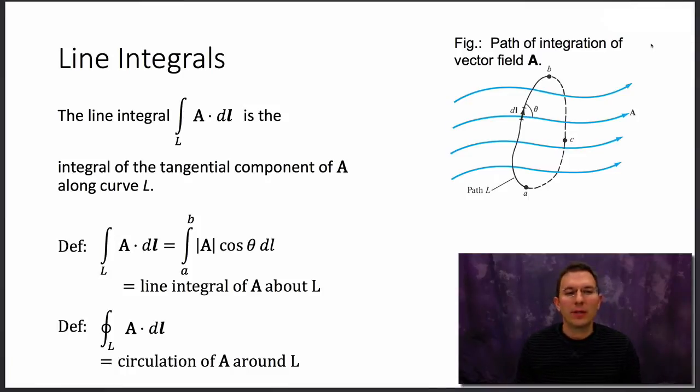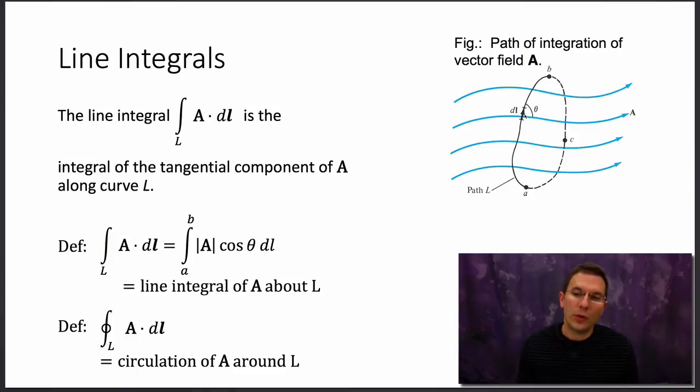What exactly does the line integral mean? If you look at what's happening, at every point along this line, we're taking a dot product with the vector A, wherever A points, and this little differential length here that points along the line.